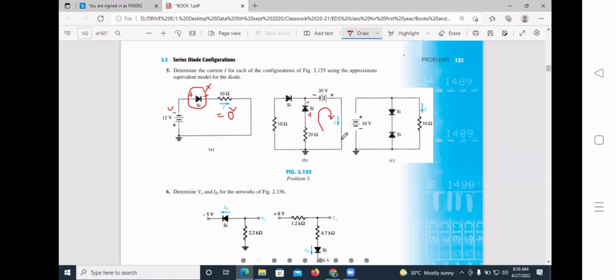Now, you can see this I is coming to this point, so I will go like this here. Now here you can see there are two branches. So I1 will go through this, and I2 will go through this.